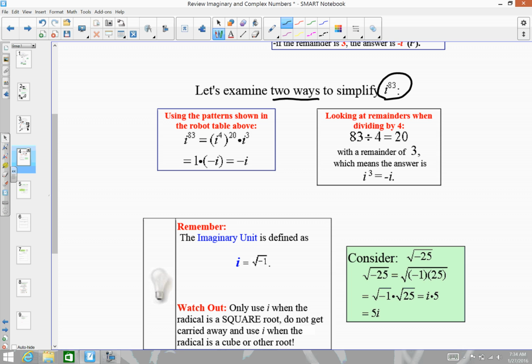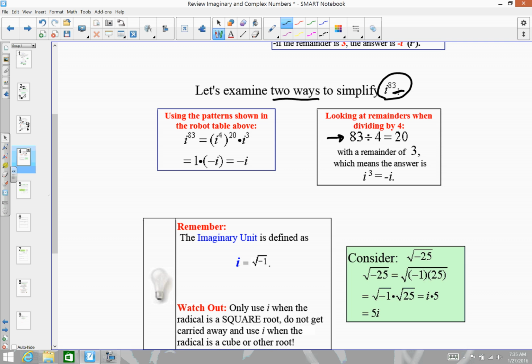One way is to take that exponent. In this example, we've got i to the 83rd power. I take that 83, and I want to see how many times I have 4 in that 83, because i to the 4th power is equivalent to 1. So if I have an exponent of 83, then I have possibly i to the 4th, i to the 4th, i to the 4th, some number of times.